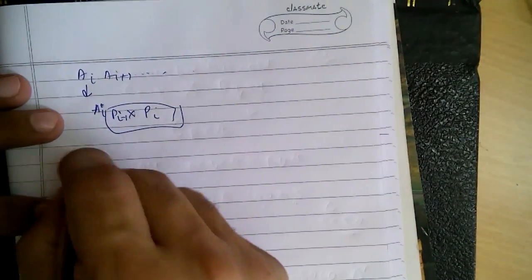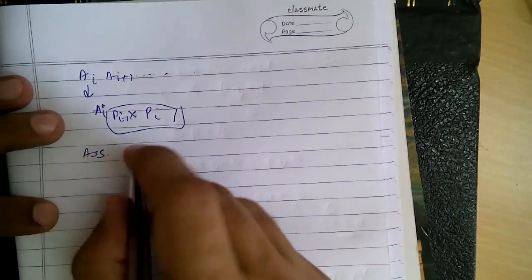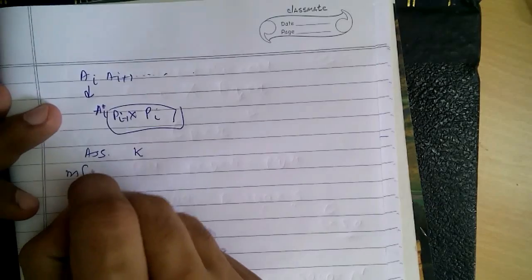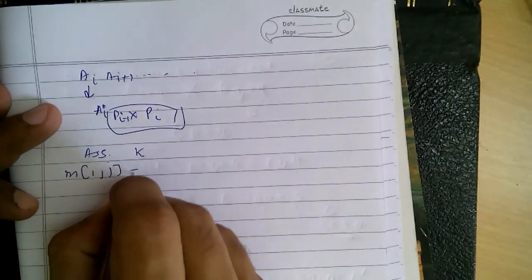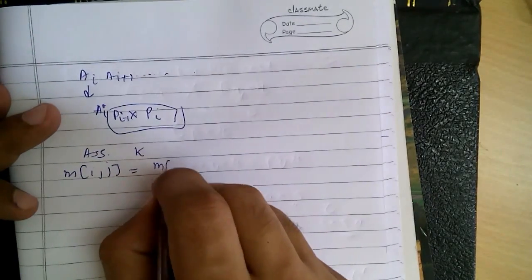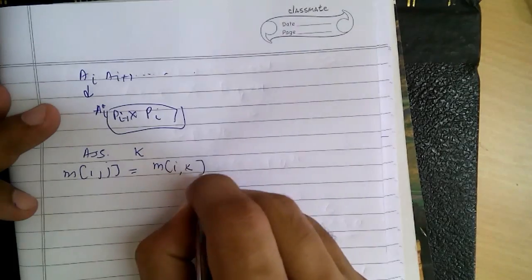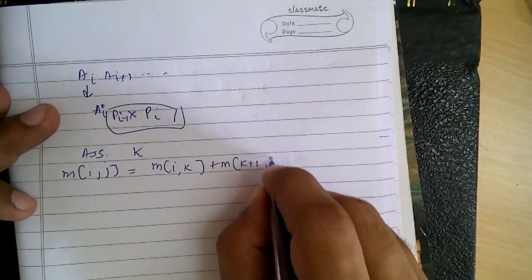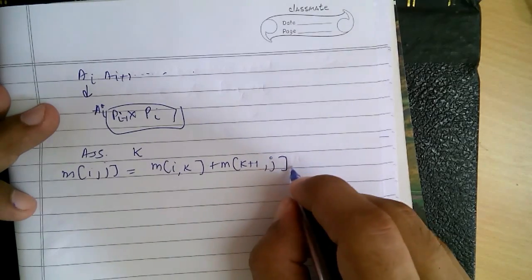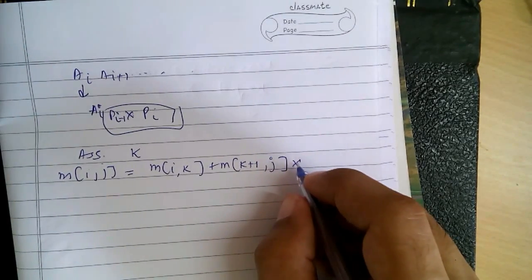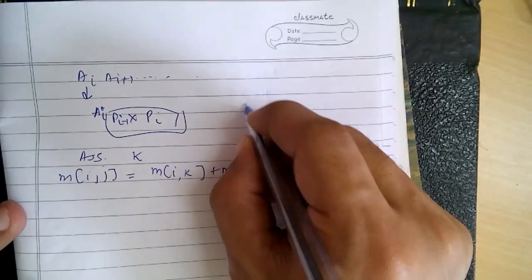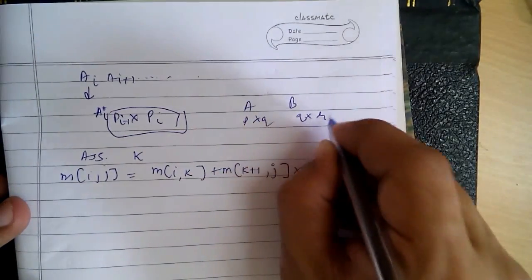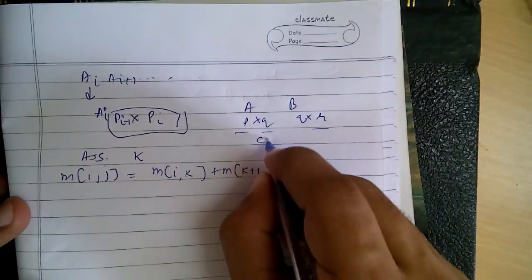So assuming that we split at a place k, the cost of m of ij can be expressed as m of ik plus m of k plus 1 till j plus, as we already know, when there are two matrices p cross q, q cross r, the cost is pqr.